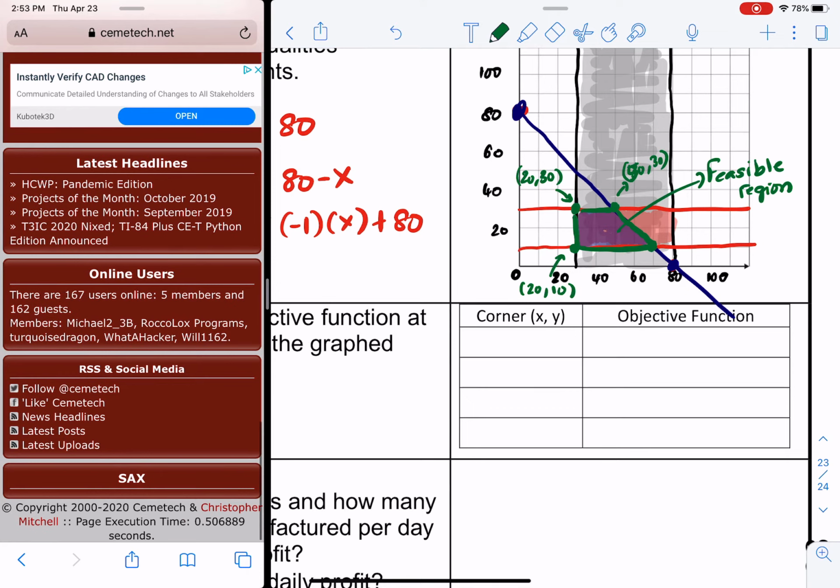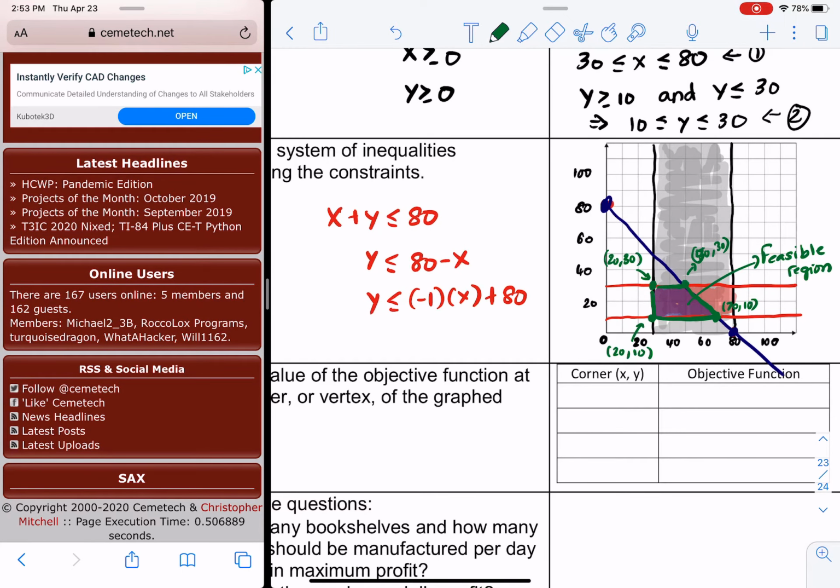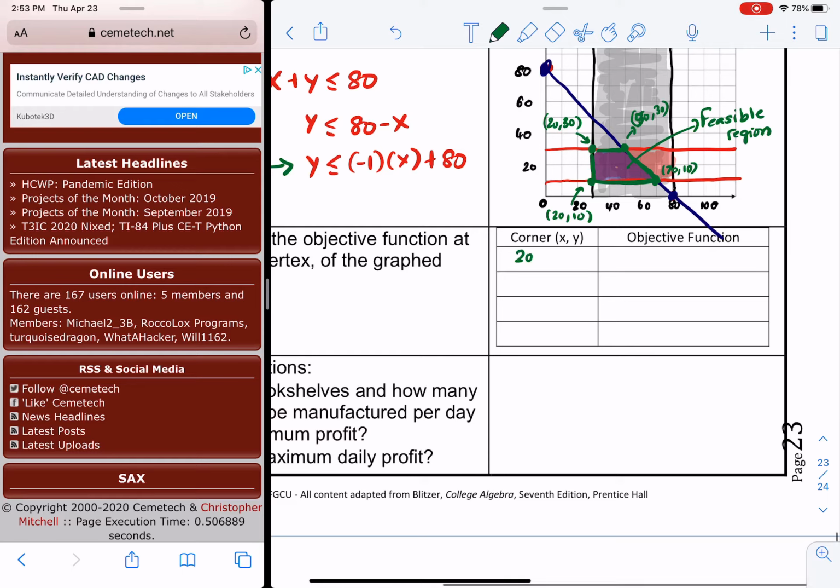And the last one here would be 70, 10. If you can't get this directly from the picture, you could always plug it in the equation and look for points of intersection between this line and the vertical lines x equals 20 and x equals 80. So the corners are 20, 10, 20, 30, 50, 30, and 70, 10.